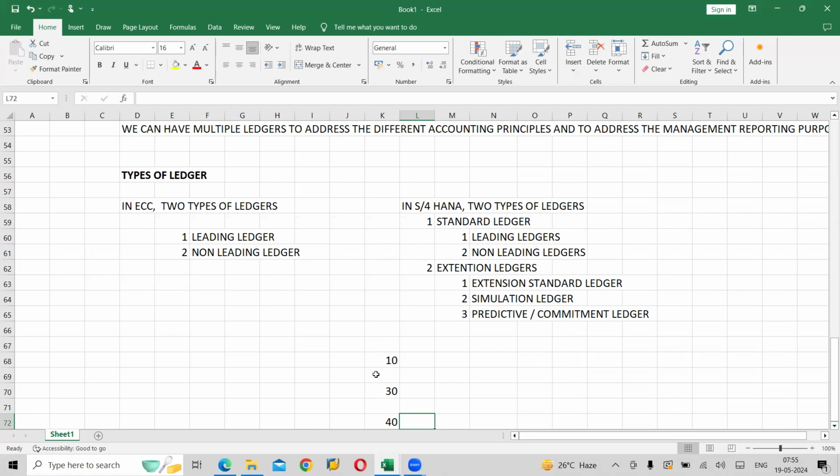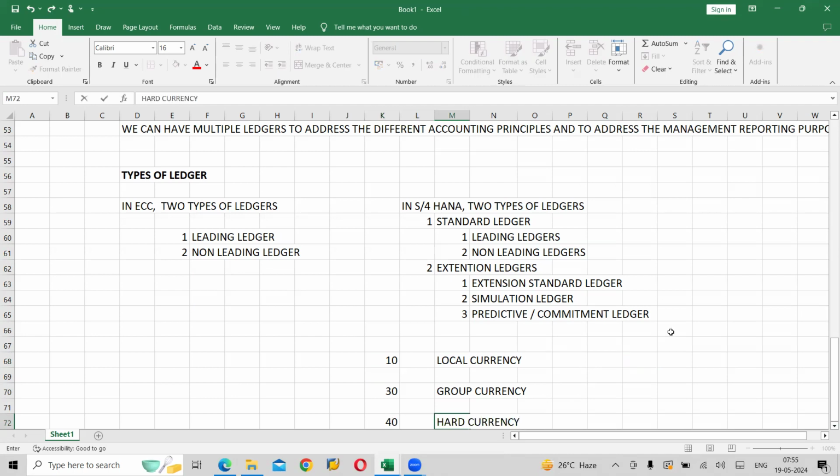So here, when we are using without multiple valuation, then we can have local currency. Next one, group currency. So whenever you answer, don't say just local currency. Say currency 10, currency 30, currency 40. You remember or not? Hard currency.